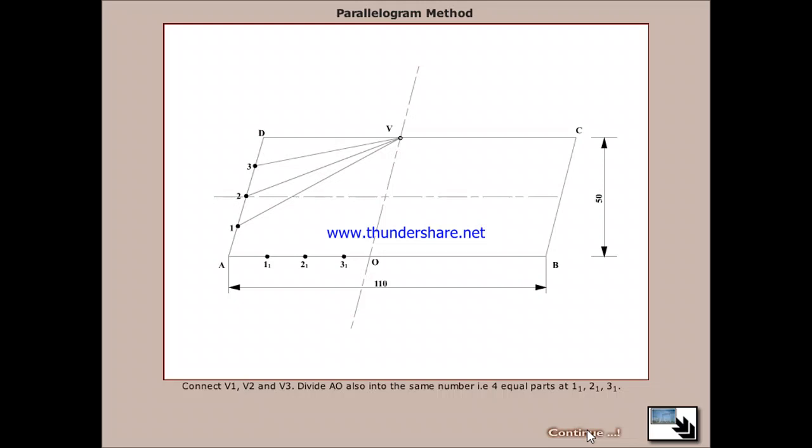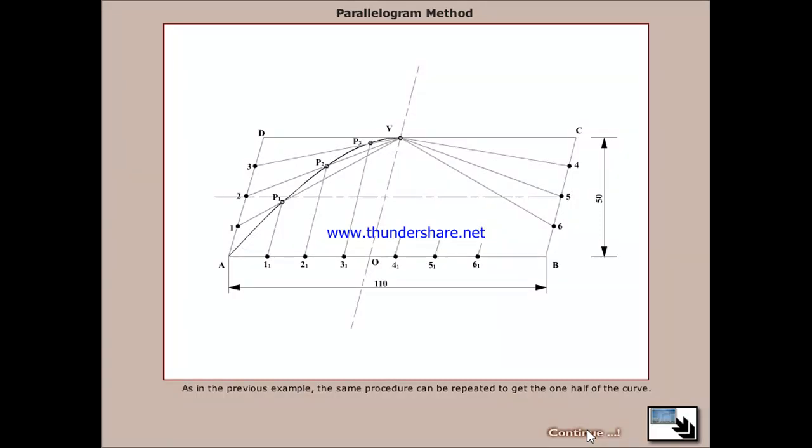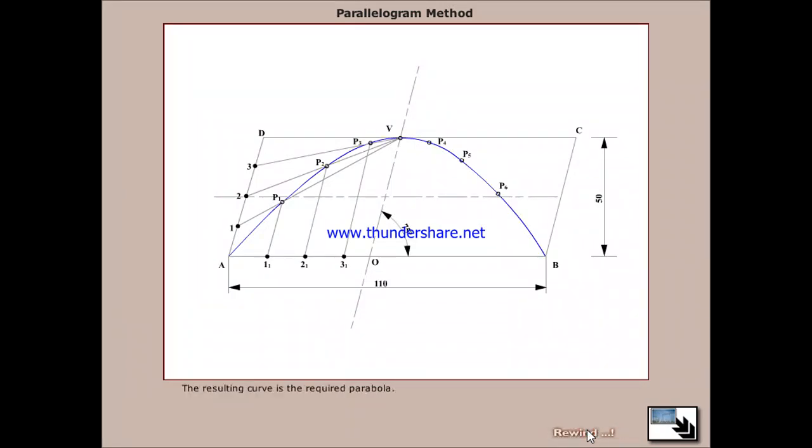Connect V1, V2, V3 and divide AO also into the same number of 4 equal parts at 1', 2', 3'. Draw parallels to AD at 1', 2', 3' to intersect V1, V2, V3 at P1, P2, P3. Join A, P1, P2, P3 by a smooth curve. As in the previous example, the same procedure can be repeated to get the other half of the curve. This results in the required parabola.